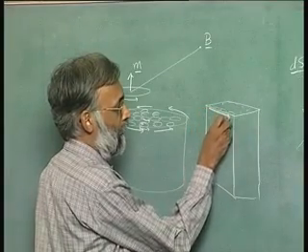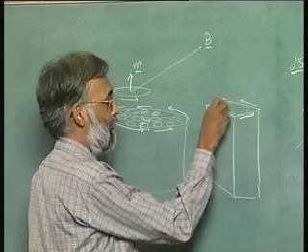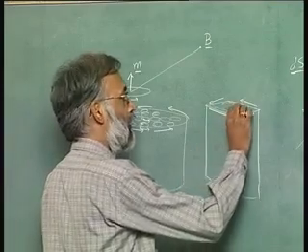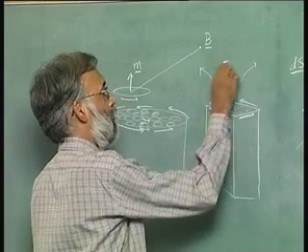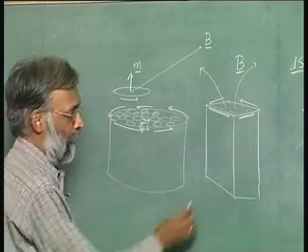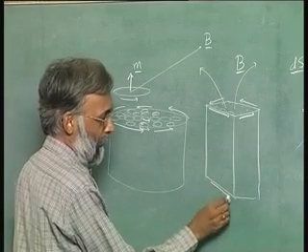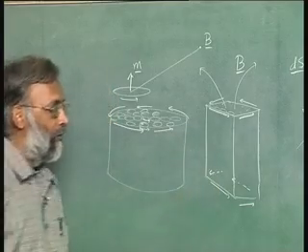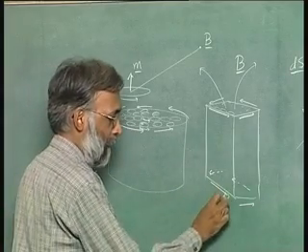So, you have net current like this, and this net current causes a magnetic field. Similarly, you have the same net current at the bottom, which causes magnetic field to enter.